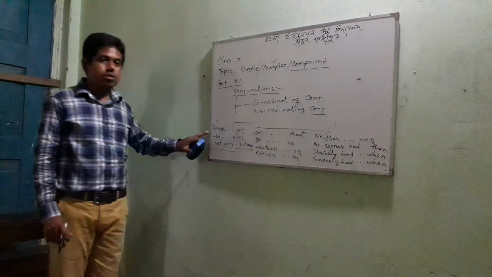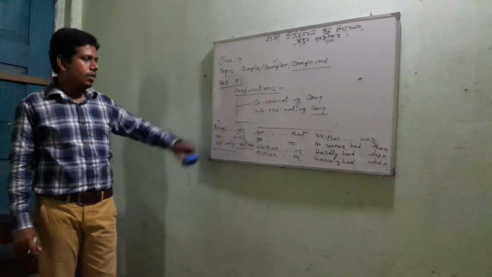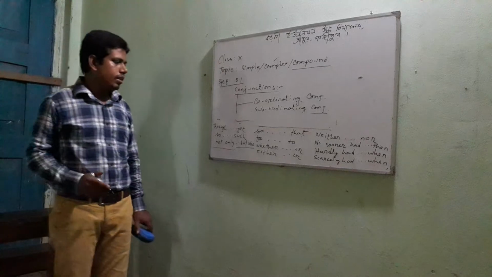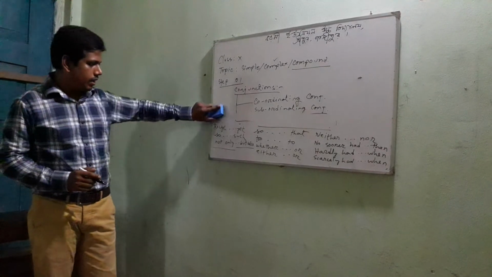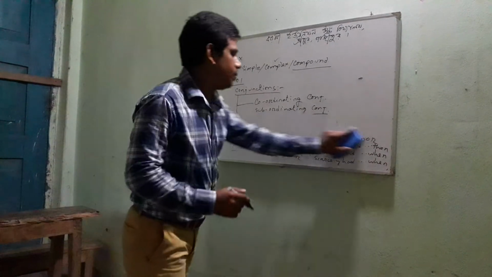One conjunction is connected with another. When you write down an example, then you will clarify yourself.